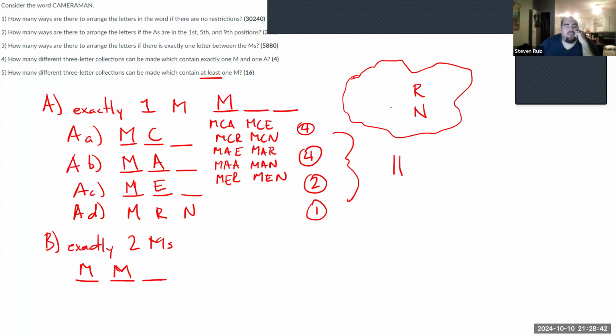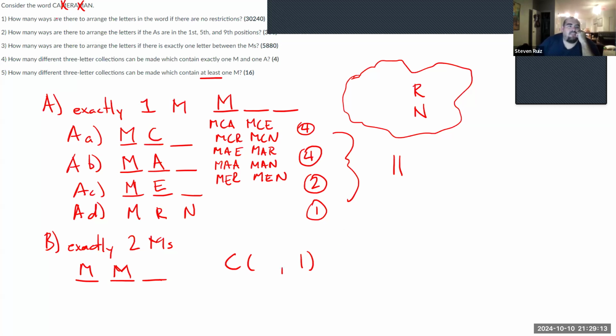I'm only picking one thing. So it's a combination of some number of things, and I'm only taking one. How many things can I choose? Well, I got rid of the M's. I said exactly 2 M's, so I don't want to take another M, but I also don't have any more M's to take. So what options do I have left?